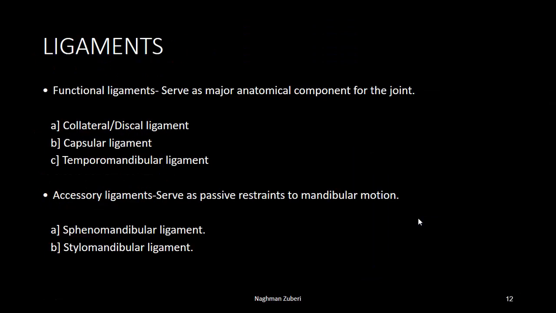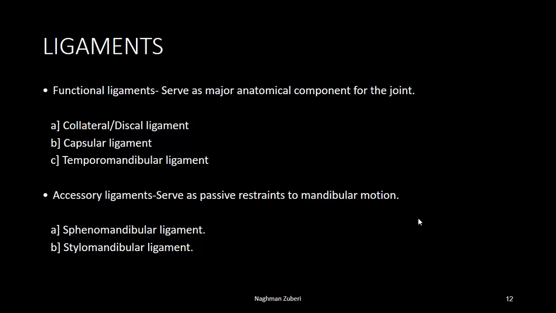Certain ligaments are also present which assist in movement, which restrict the movement, and which also help in holding the mandible in the joint. There are three functional ligaments and two accessory ligaments.